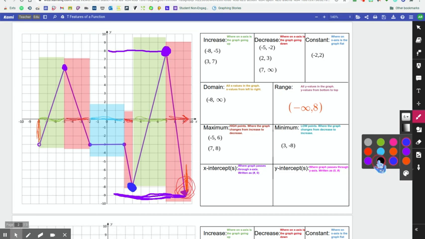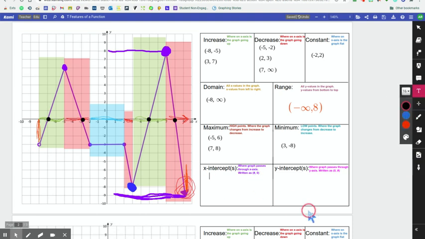Let's use black dots. So going through my x-axis, my graph passes through right here, passes through right here, passes through right here, and passes through right here. Now, when we write x-intercepts, we write them as a number, comma 0.